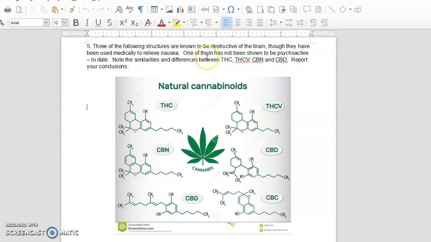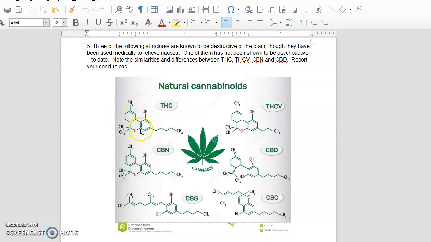Okay, one of these, and only one of these, has not been shown to be psychoactive. The other ones are all psychoactive, and they are more restrictive. The other one is allowed, and that is CBD right here, okay? These other ones right here are all hallucinogenic materials. And you can see what the difference is.